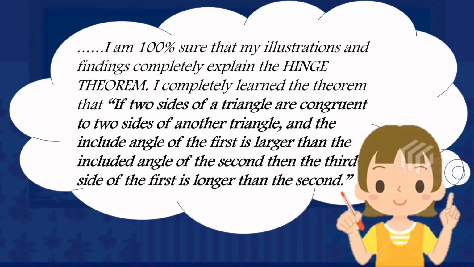I am 100% sure that my illustrations and findings completely explain the Hinge theorem. I completely learned the theorem that if two sides of a triangle are congruent to two sides of another triangle, and the included angle of the first is larger than the included angle of the second, then the third side of the first is longer than the second."